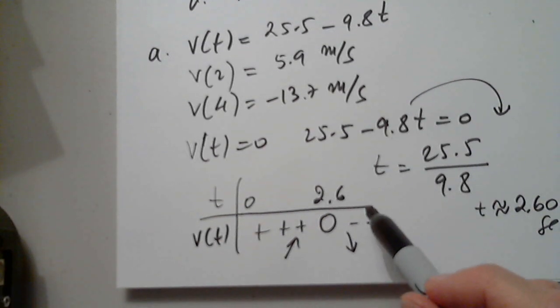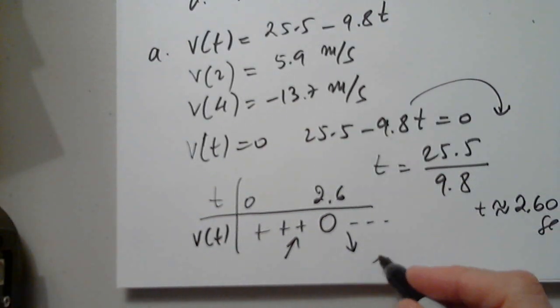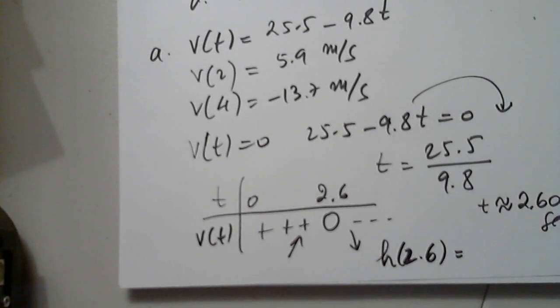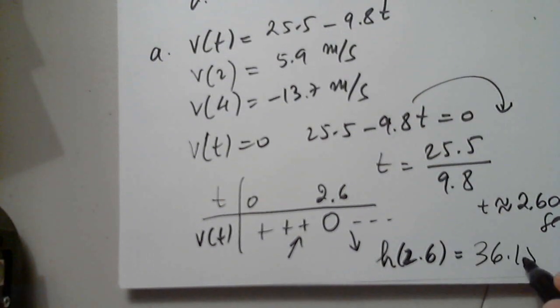What is the maximum height? It is h of 2.6. And since I have the function in the graphing calculator as y1, I just want to plug in 2.6. So it's 36.18 in meters.